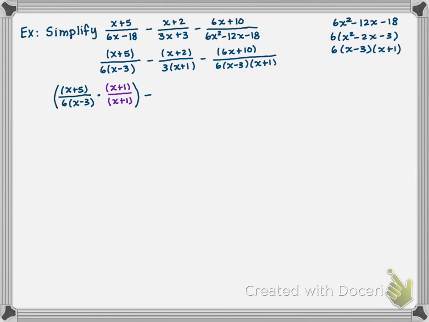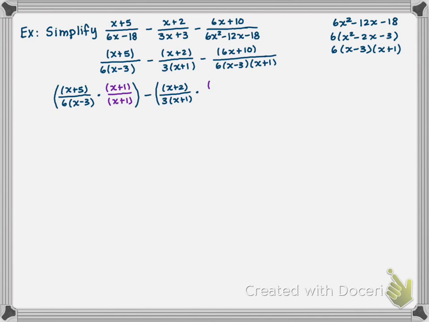And then minus x plus 2 over 3 times x plus 1. Do any of the other fractions have factors that this one is missing? I need an x minus 3. Anything else?